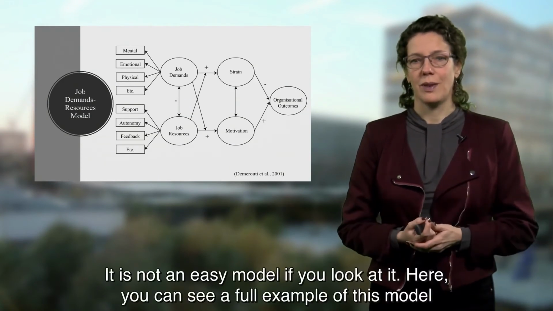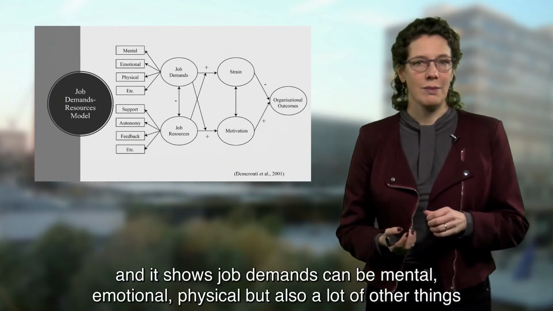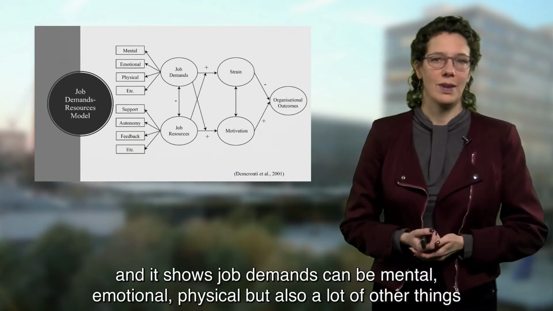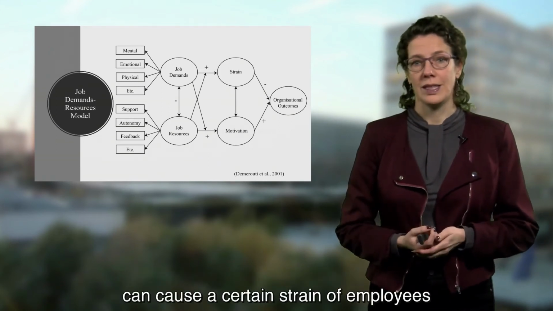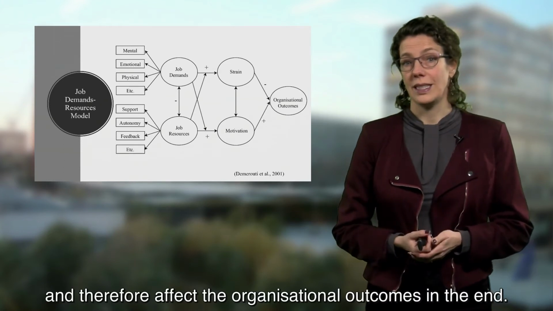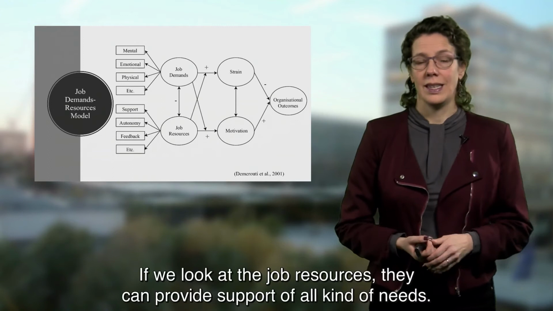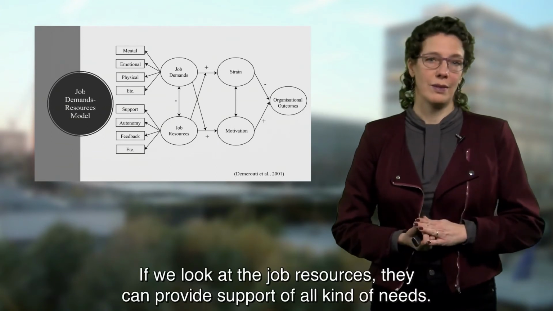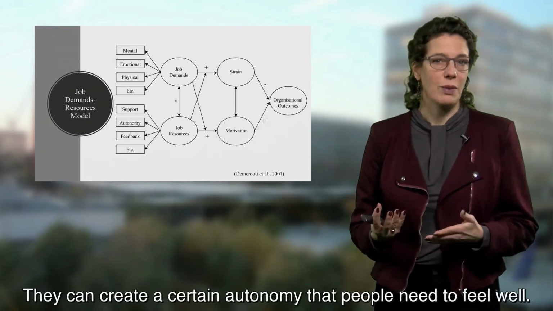Here you can see a full example of this model, and it shows that job demands can be mental, emotional, physical, but also a lot of other things can cause a certain strain of employees and therefore affect the organizational outcomes in the end. If we look at the job resources, they can provide support of all kinds of needs. They can create a certain autonomy that people need to feel well.